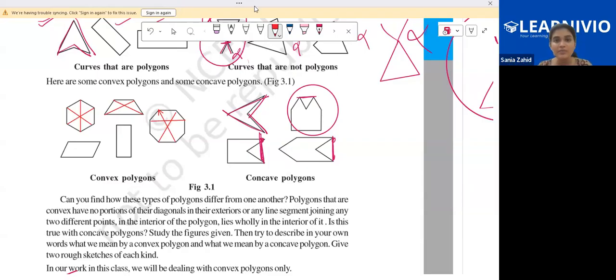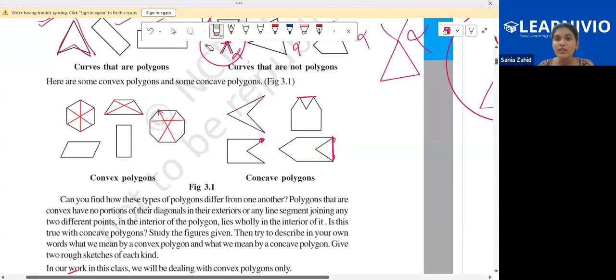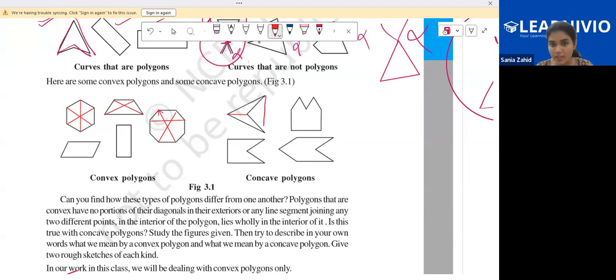Now, what is a concave polygon? In a concave polygon, the lines may or may not be internal to the figure. For example, when you join this point and this point, you get an internal line, right? But when you join this point and this point, you get an external line. So this is a concave polygon.